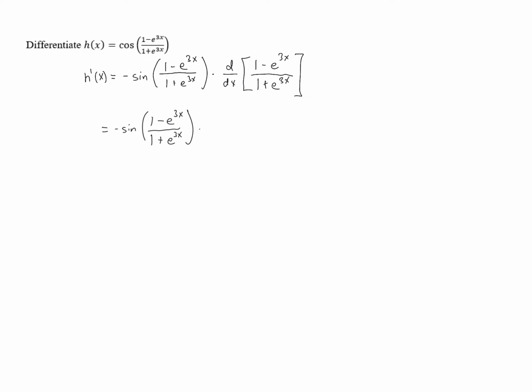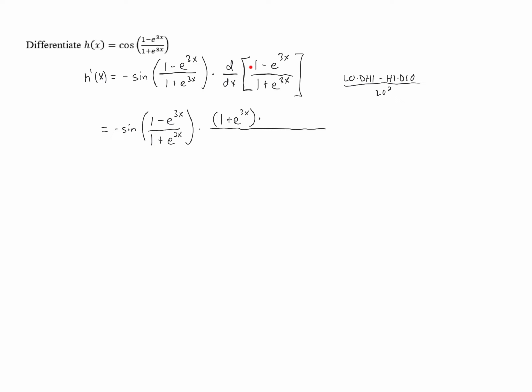Remember, the quotient rule tells us we have low d high minus high d low all over low squared. So we've got low d high. Well, the lower function is 1 plus e to the 3x times the derivative of the higher function.